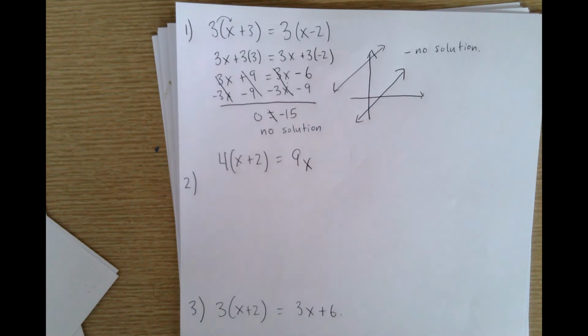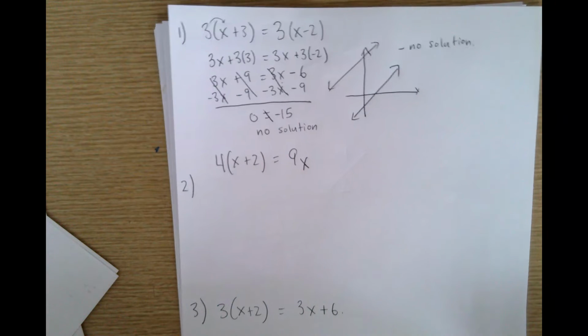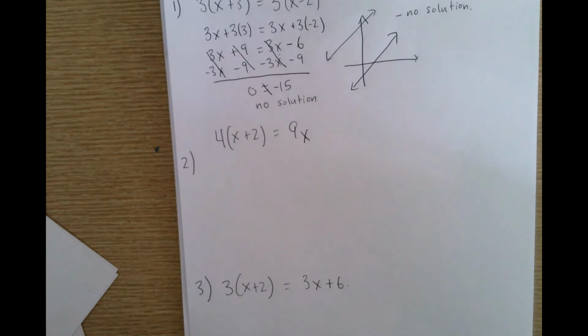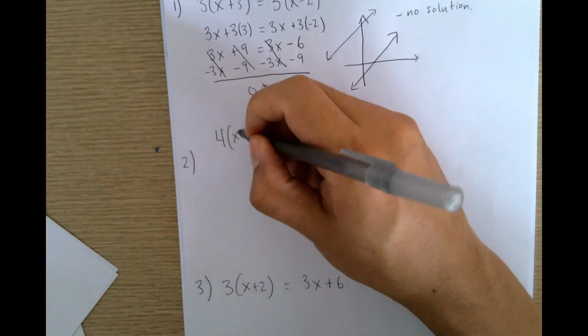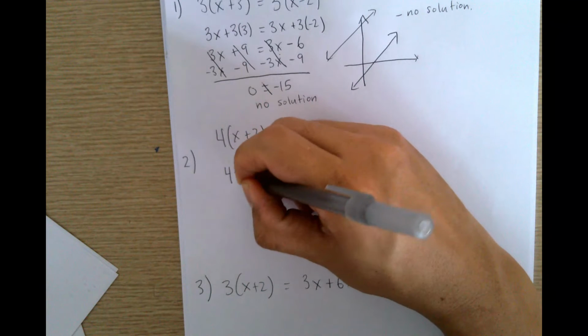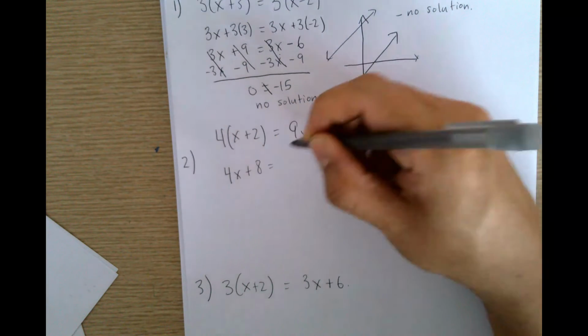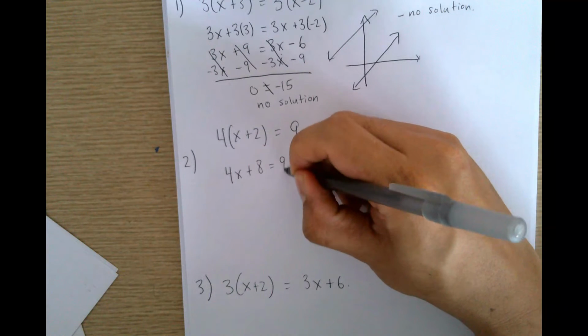Okay, so the second example here is 4 times x plus 2 equals 9x. So in this case, 4 times x equals 4x, 4 times 2 equals 8, and then 9x we just keep the same.